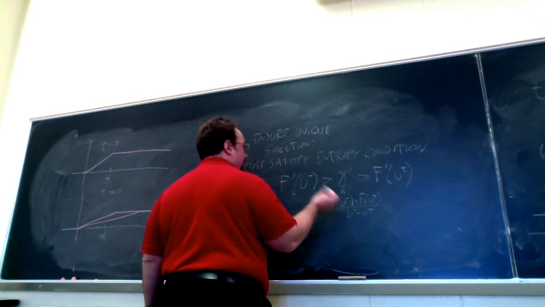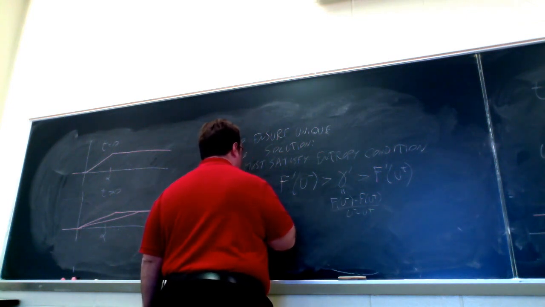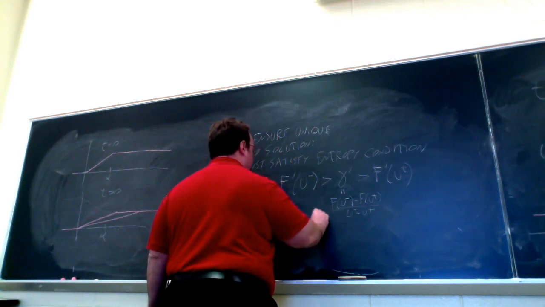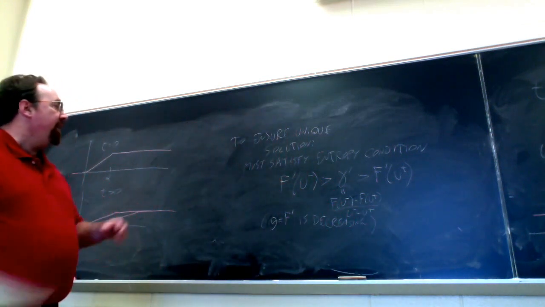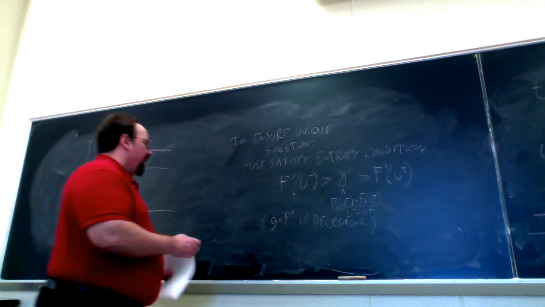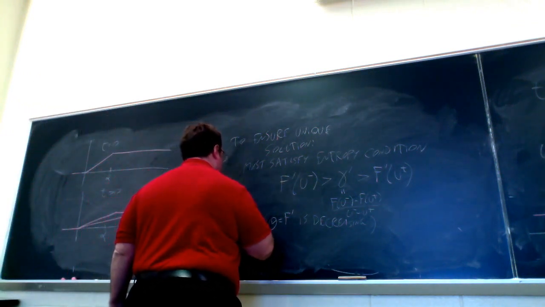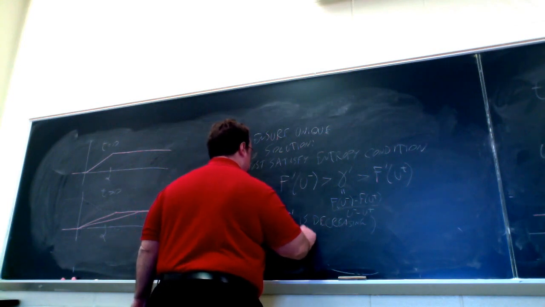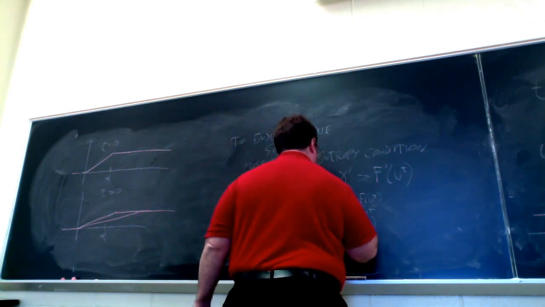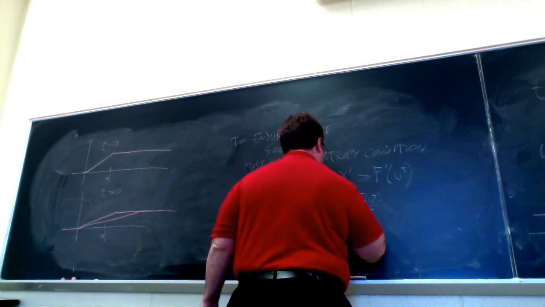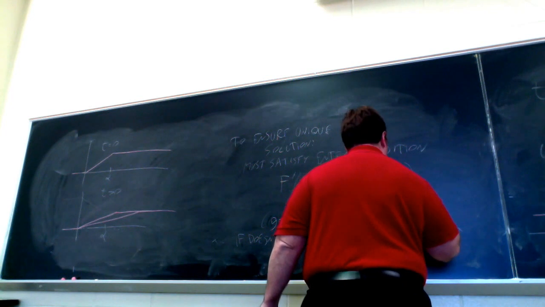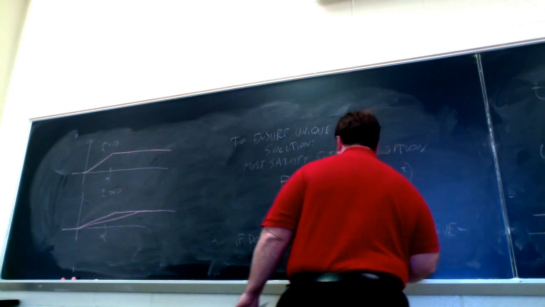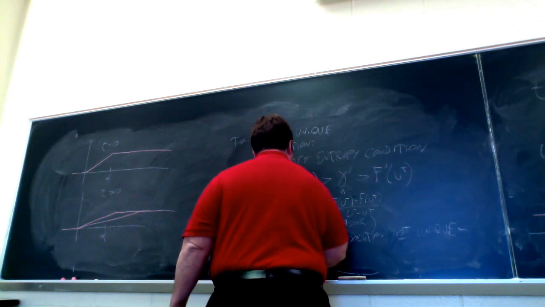So another way of putting it is the exact condition that I had earlier. G equals f prime is decreasing. If this doesn't hold, what happens is a weak solution is not unique, and you should use a classical solution instead.